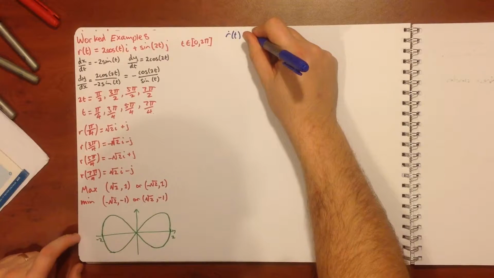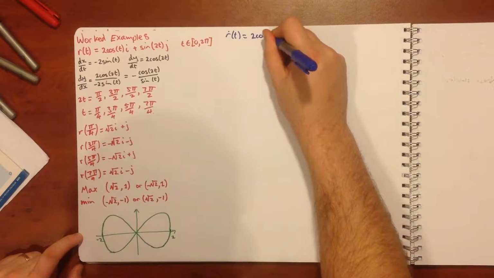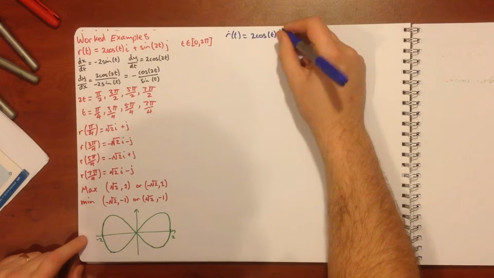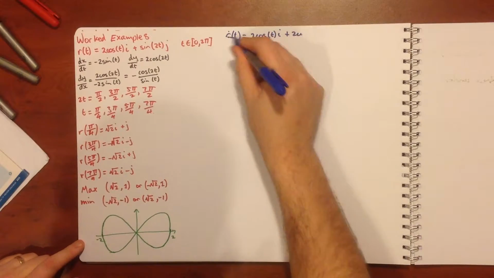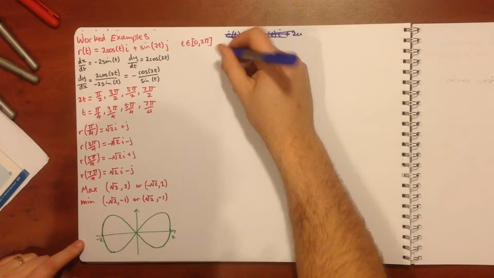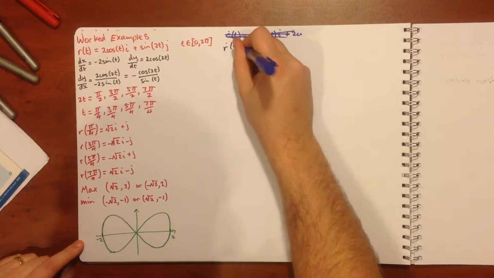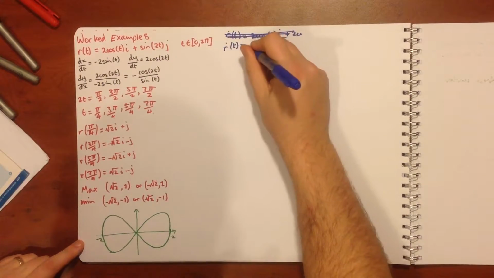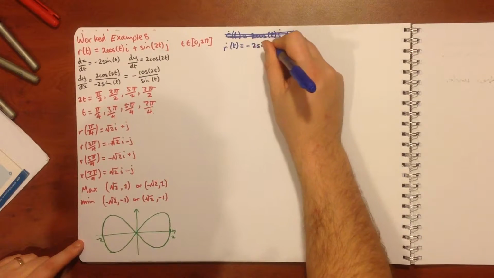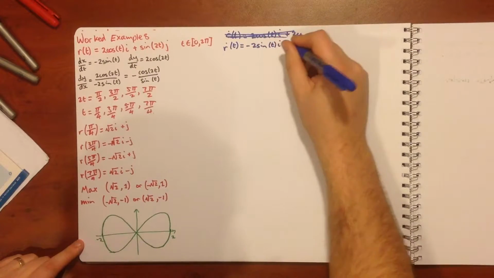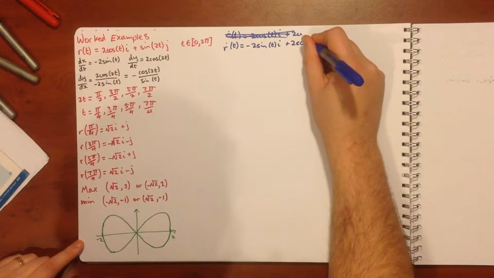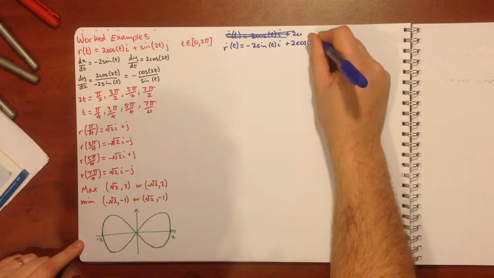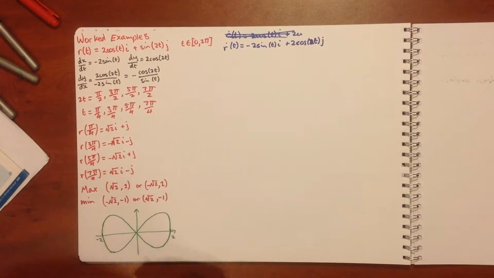So r dot of t is equal to negative 2 sine of t i plus 2 cos of 2t j.